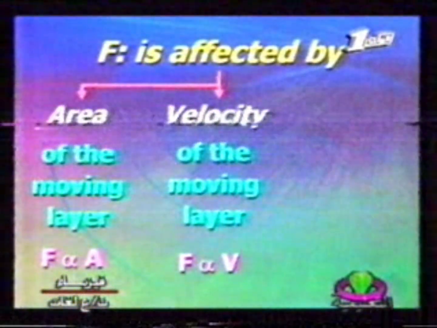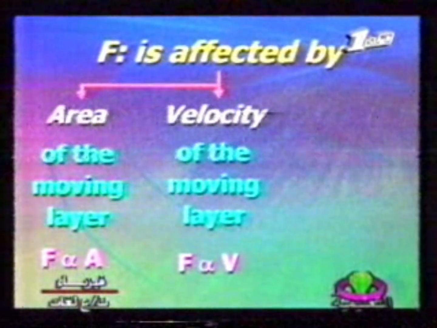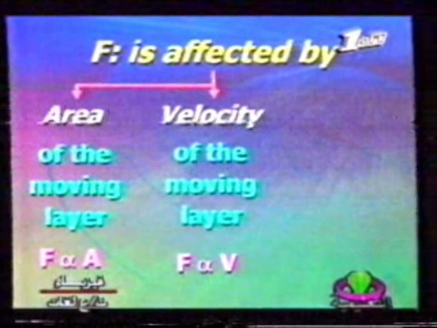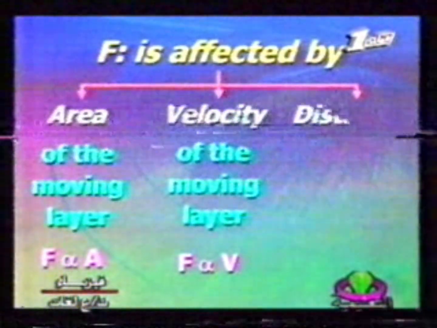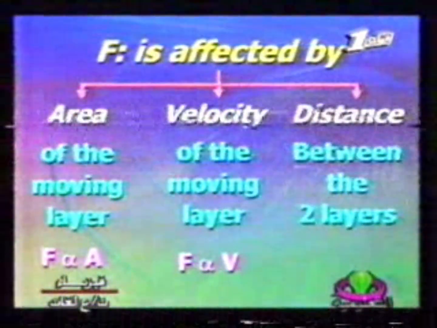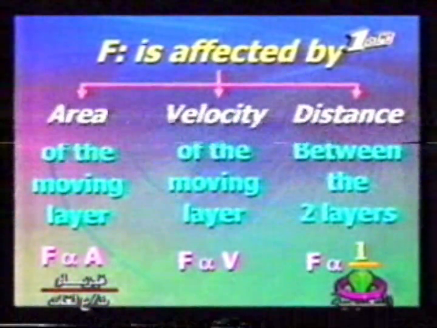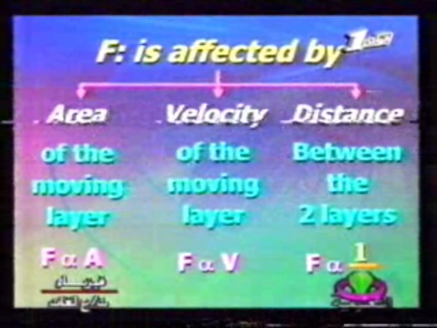Velocity of the moving layer: force is directly proportional to the velocity by which the layer moves. The third one, the distance between the two layers, where F is inversely proportional to the distance, from which we can deduce F is proportional to AV over D.